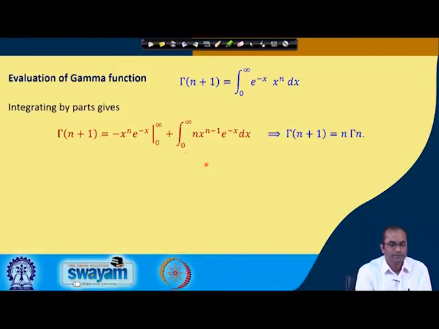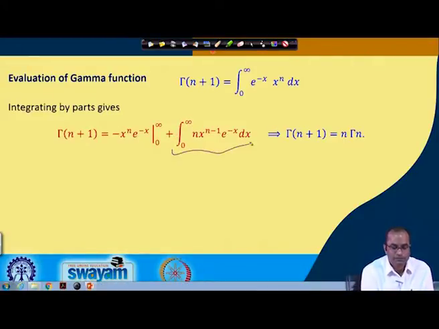So, what do we get now out of this relation? Gamma n plus 1 is equal to, if we take this n outside the integral, n times the integral from 0 to infinity x power n minus 1 e power minus x dx.